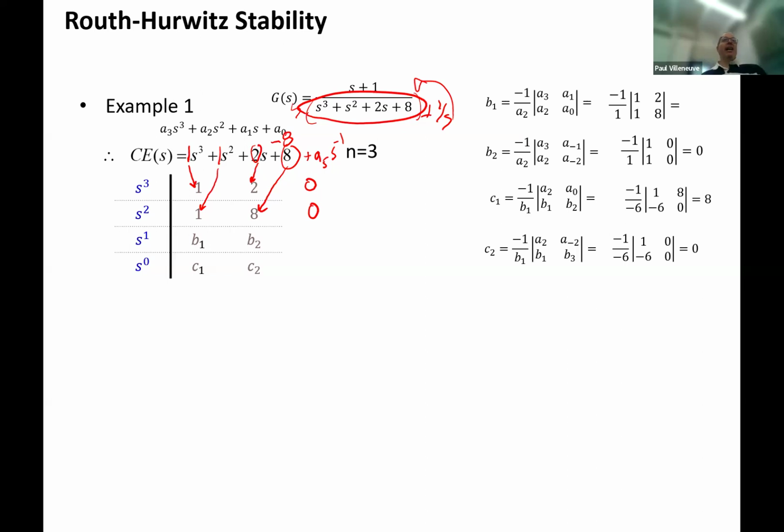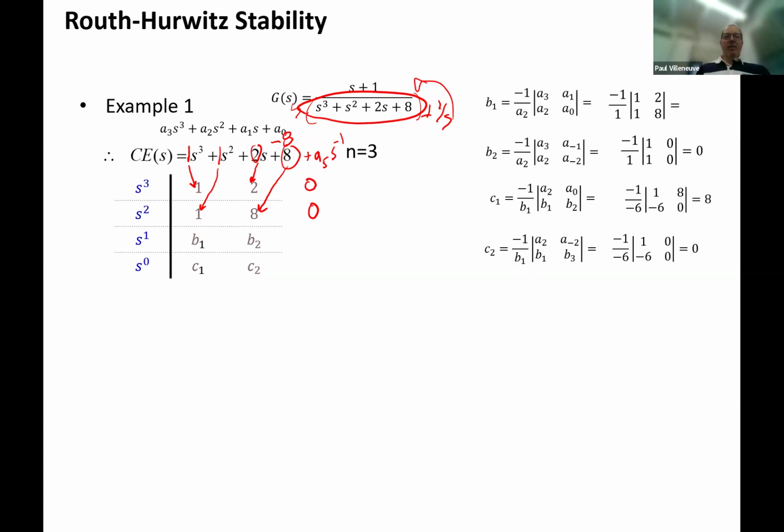If I said, tell me how many poles are in the right-hand half plane, then you'd have to use the Routh-Hurwitz approach. But if it is just a stability check, there's nothing you can do to make a minus 8 a positive number. It just can't be done. So you just roll with it as best as you can.